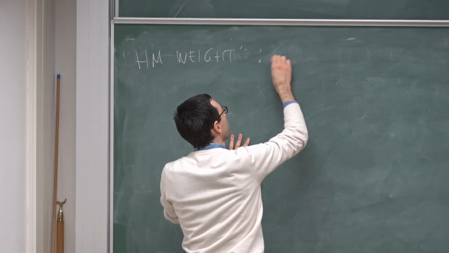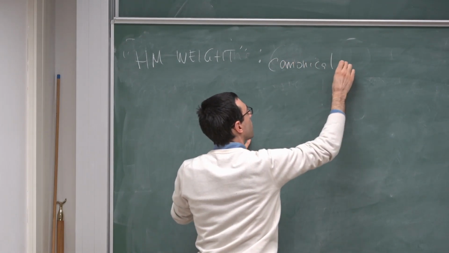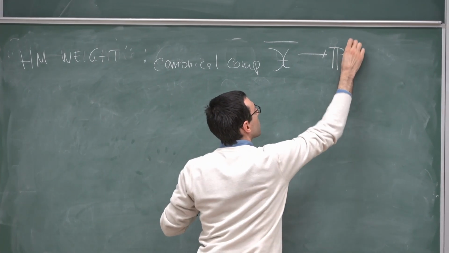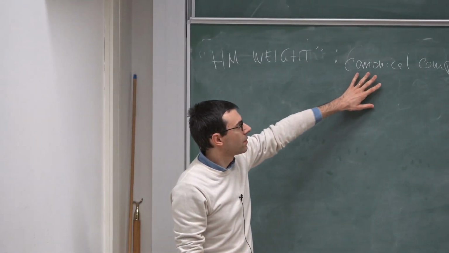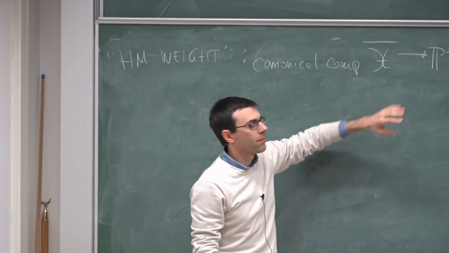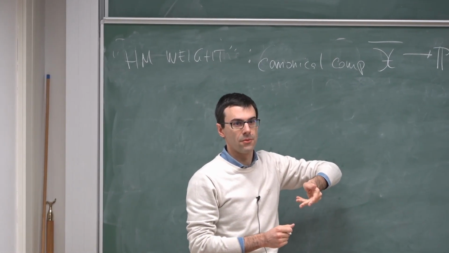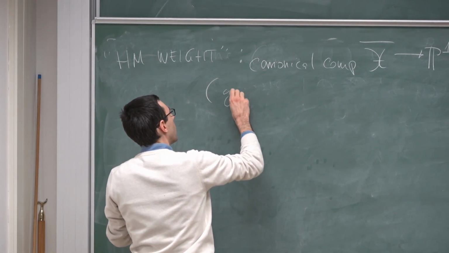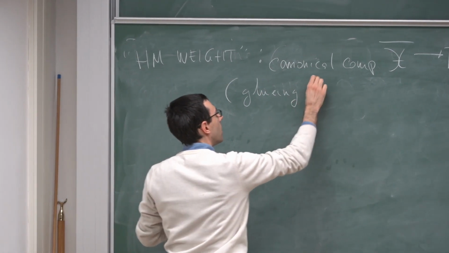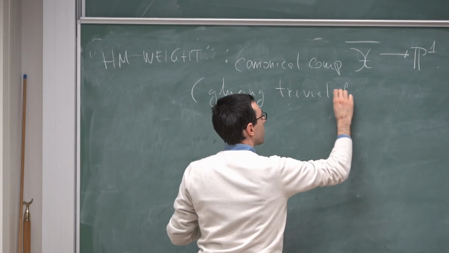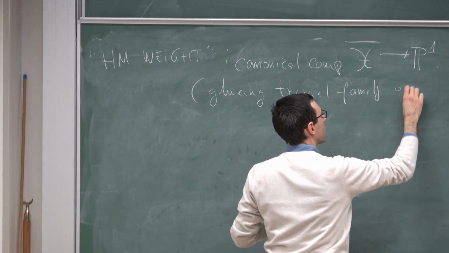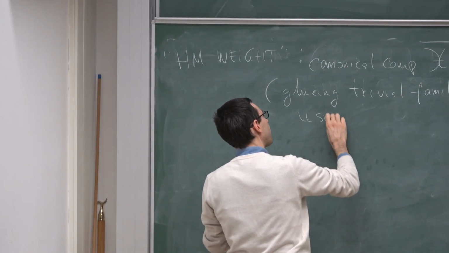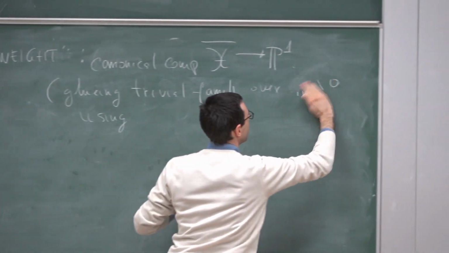You have this canonical compactification, let me call it X bar over P1, which you can do because you have the C-star action. So you compactify by gluing in with the trivial family at infinity using the C-star action for the gluing, over, say, C inside this P1.